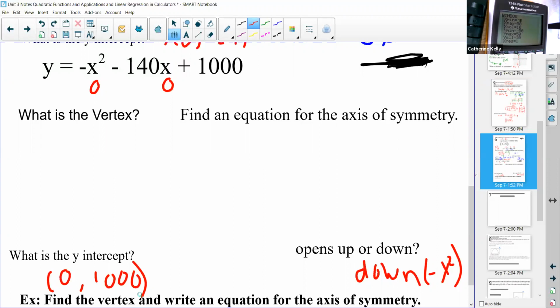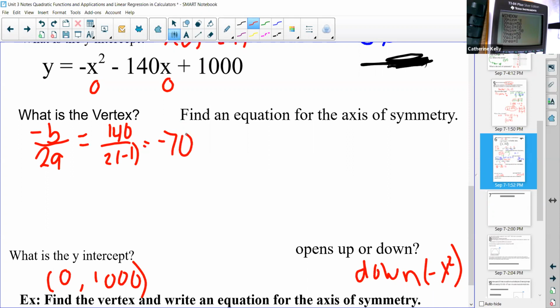So what's the vertex? The opposite of b over 2a would be my x value. So my x value would be the opposite of b, which is 140, over 2a, which is 2 times negative 1. So it's 140 over negative 2, so negative 70 is my x value.